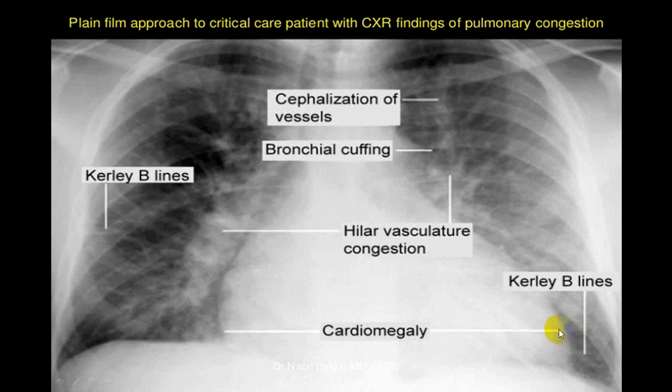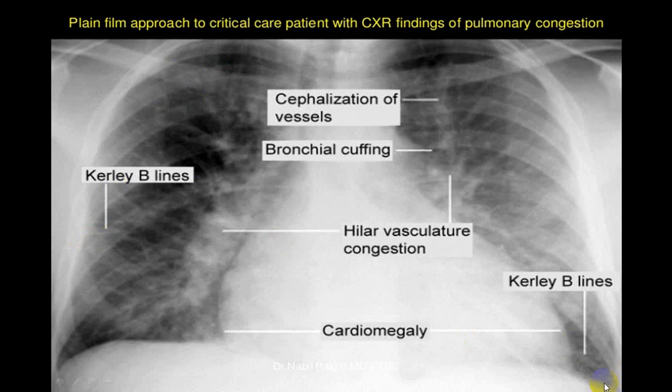Whenever there is a cardiomegaly, look at the hilum. If there is vascular congestion in the hilum, and Kerley A lines and Kerley B lines are seen, the B lines at the base show a little prominence of the interstitial space, which is filled with fluid. In the apex, a line there is called Kerley A lines.